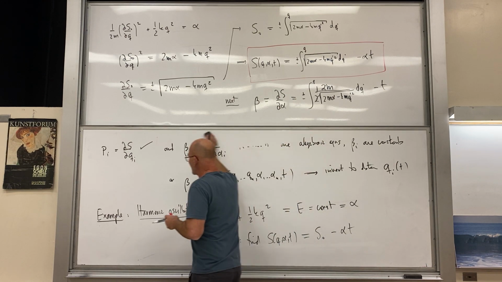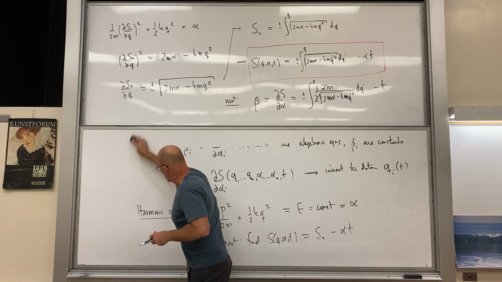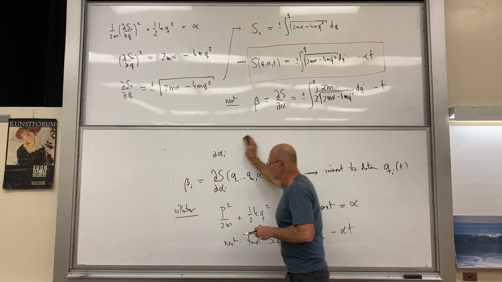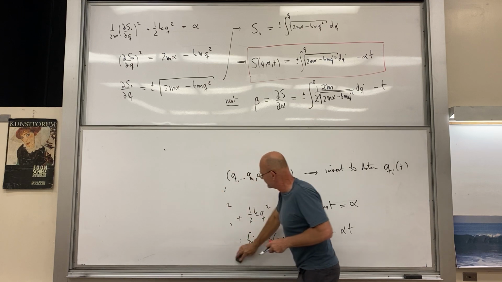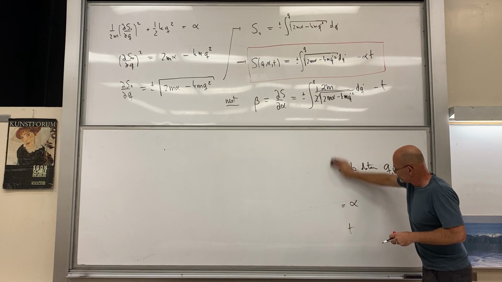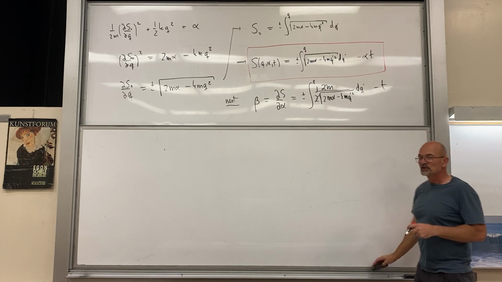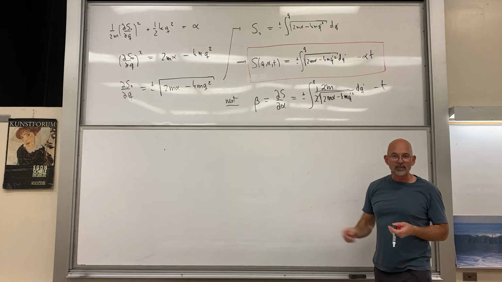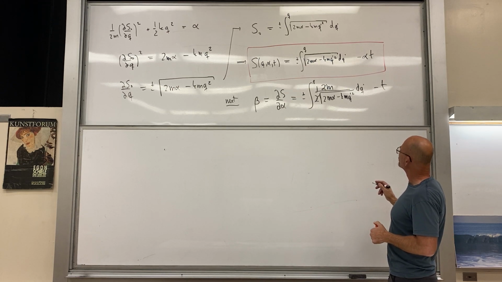I'll do one more step and then hand it over to you guys. You guys will turn this one in, but leave enough space in your notes because it's just going to be a couple more lines so you can fill in your notes as well.